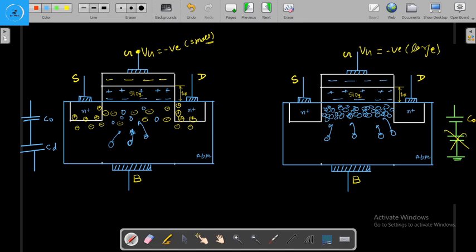When we make this gate voltage more negative, then a large number of holes get accumulated between the source and the drain, in the p-type substrate, right?